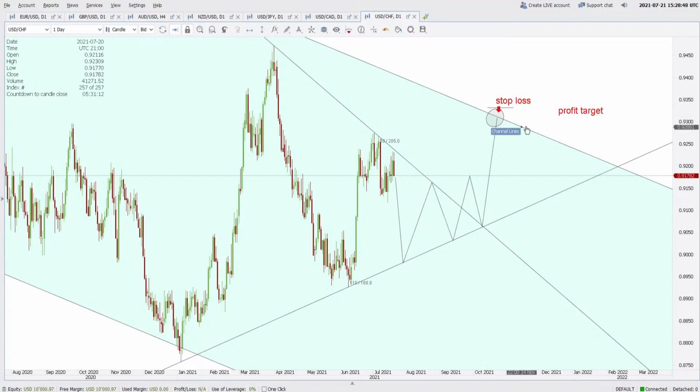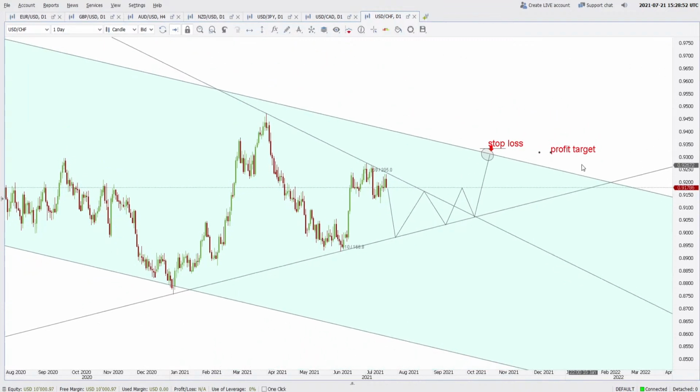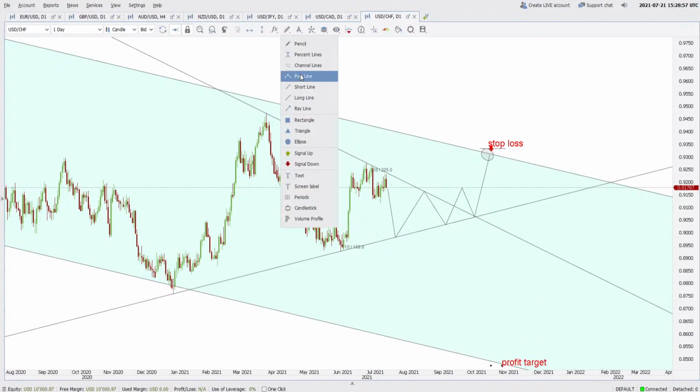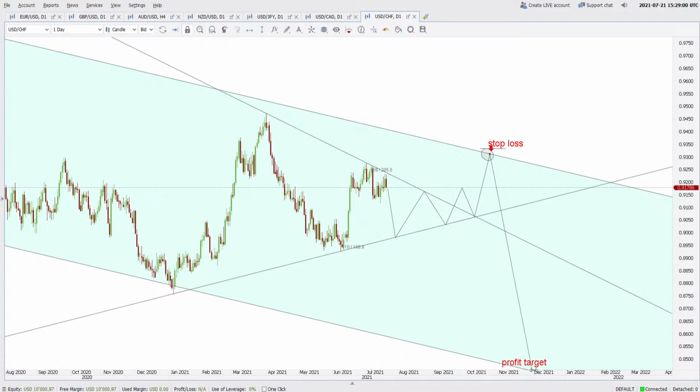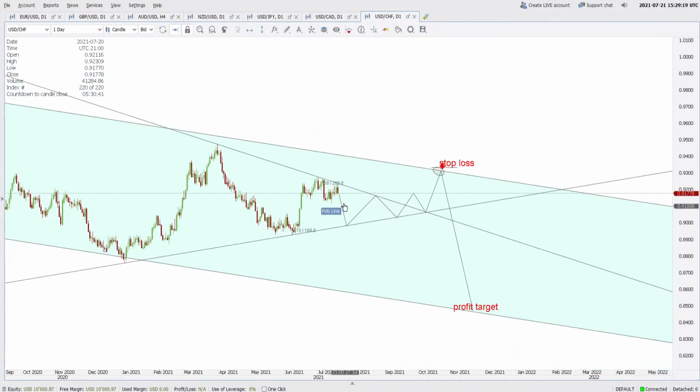And then we keep the profit target somewhere here. So in this case, your stop loss will be around a little more than the high that will be made here, and your profit target will be somewhat around here. So this is all hypothetical in nature, it is not the truth, but only time will tell what will happen in this market. So expect something of this similar sort to happen.